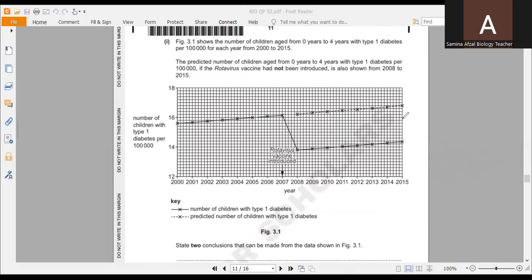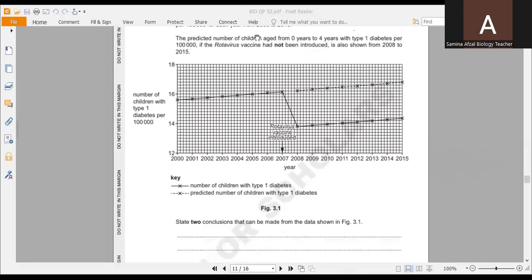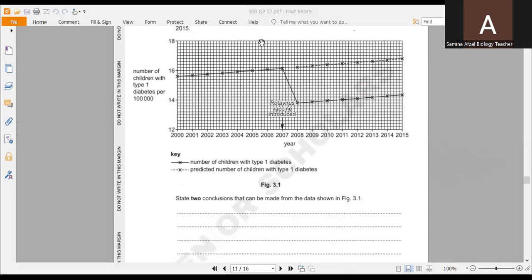It also shows the predicted number of children aged 0 to 4 years with type 1 diabetes per 100,000 if the rotavirus vaccination had not been introduced, shown for 2008 to 2015. First of all, I would like to explain the question: the number of children with type 1 diabetes per 100,000.